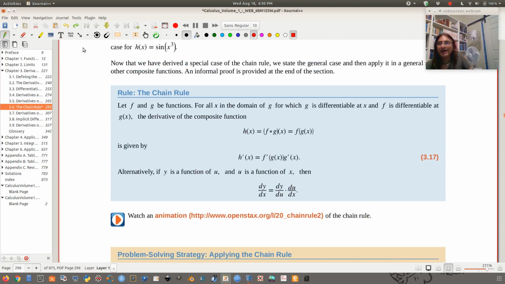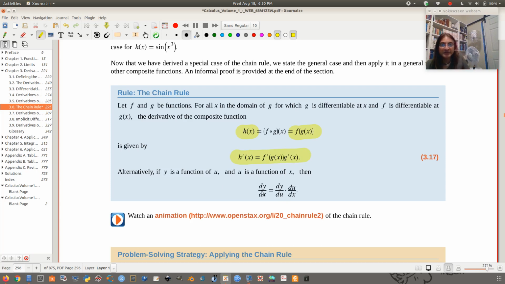If you have a composite function h of x, which is f of g of x, the derivative is f prime with respect to g, times g prime of x.